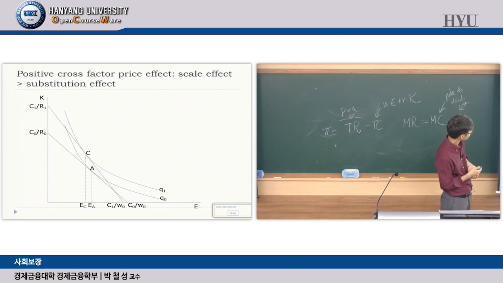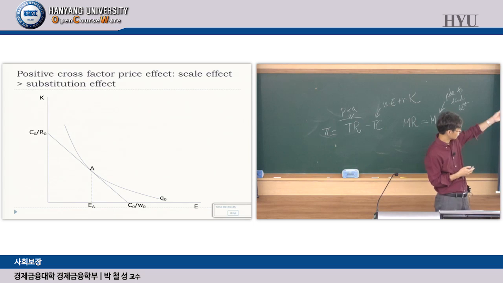You can show it using a diagram. Let's say rent falls. Rent goes down, so the isocost line will become steeper.